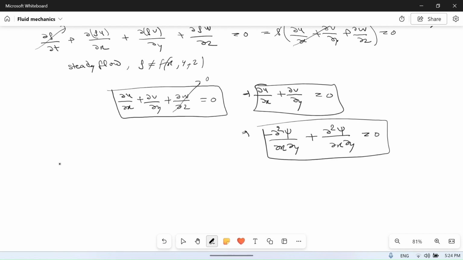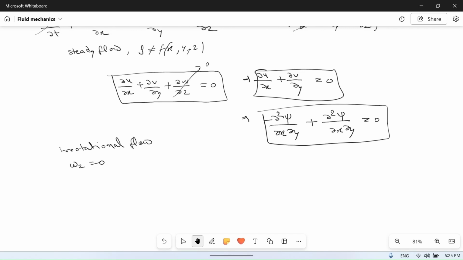If the fluid flow is irrotational, then omega z will be equal to 0, and omega z is the rotational component in the z direction, which is given as half of del v upon del x minus del u upon del y.